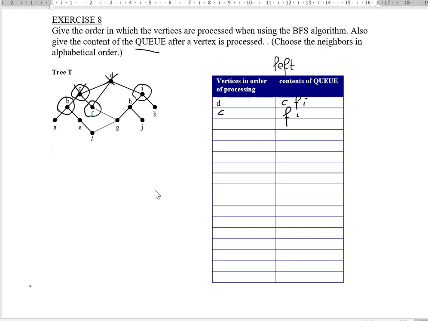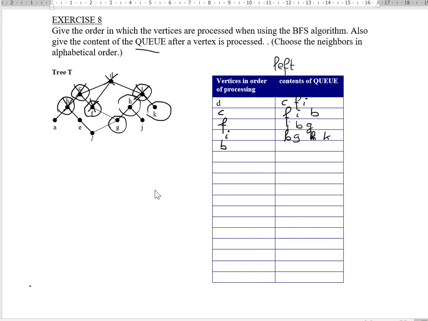So F, I, B. We take out F, it's this one, and the neighbor of F which isn't visited yet is G. So I, B, G. We take out I, this one, and then we add the neighbors H and K. So B, G, H and K.